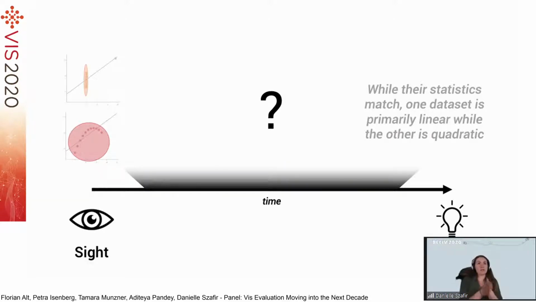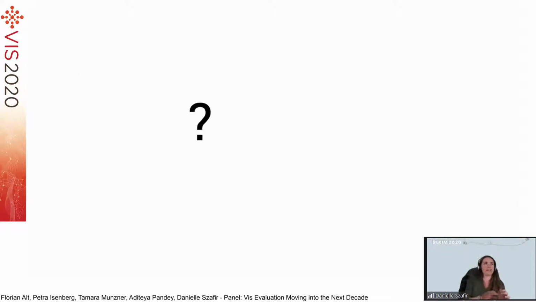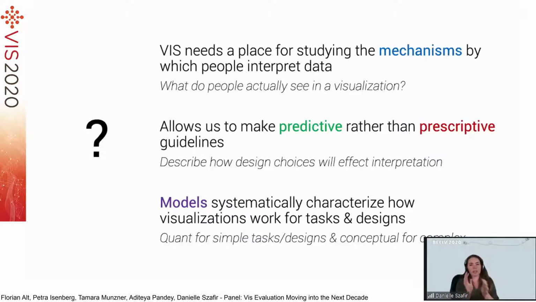By using evaluative studies that model the perceptual and cognitive processes between sight and insight, we can really understand how the ways we visualize data determine the knowledge that people will infer from that data. And the reason that I want to put this emphasis on the necessity of evaluating based on mechanism is that it really does provide us with more generalizable and more predictive rather than prescriptive guidelines.